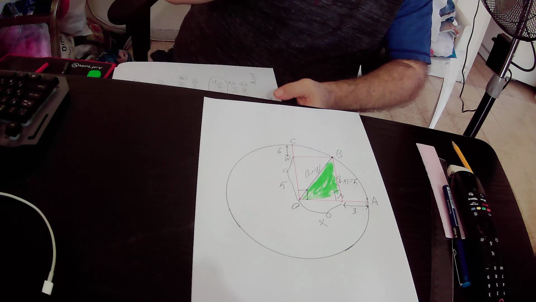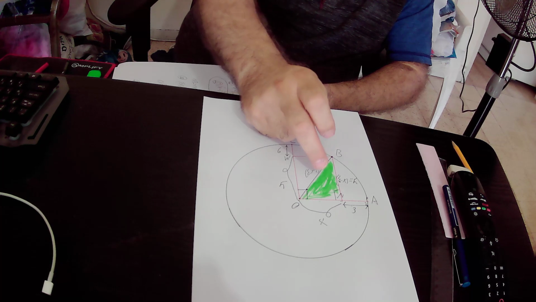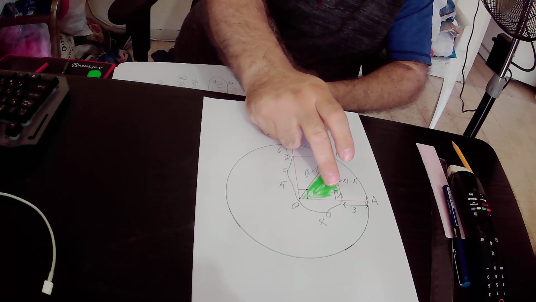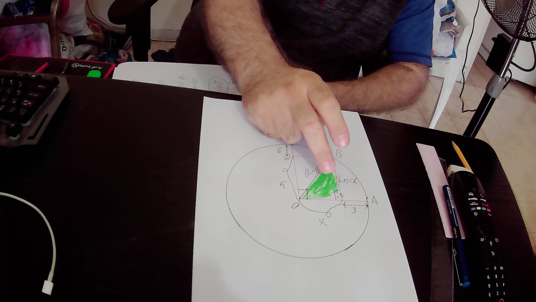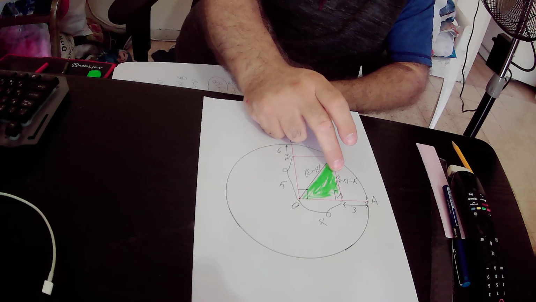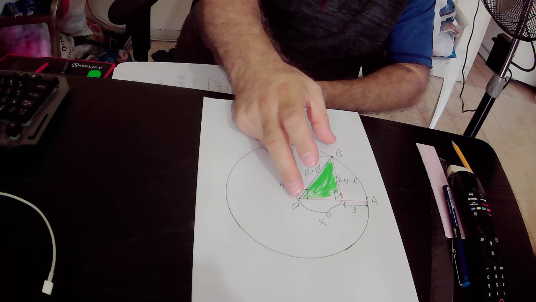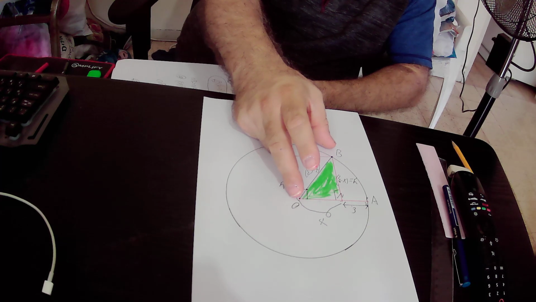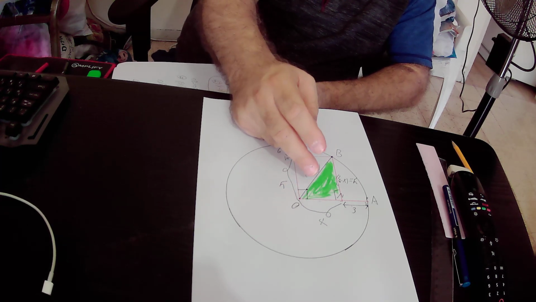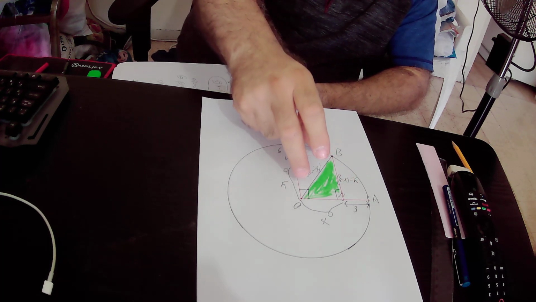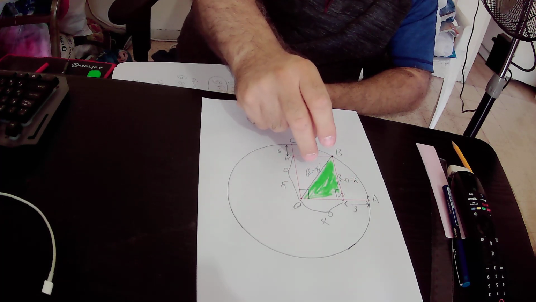So actually we have the green triangle that is a right triangle, because this angle equals 90 degrees, and in the right triangle we have one side that equals x minus 3, the other side equals x, and the hypotenuse is the radius of the circle, which equals x plus 3, because OA equals OB equals the radius of the circle.